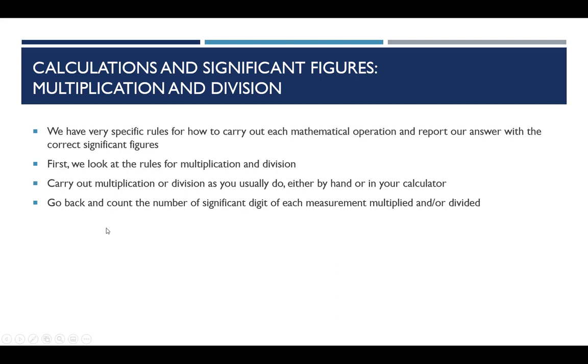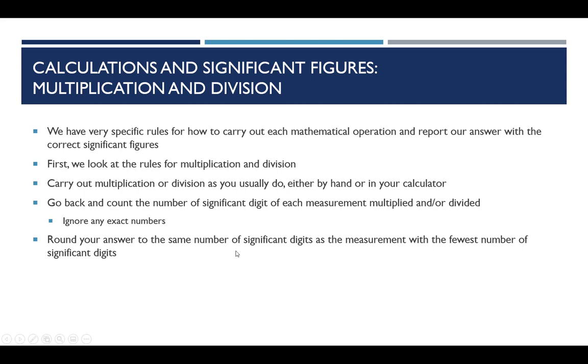Next, go back, count the number of significant digits of each measurement that you multiplied or divided, and ignore any exact numbers. That's especially true if you see any ones. If you just see a 1, you want to ignore how many significant digits it has. That's almost always an exact number.